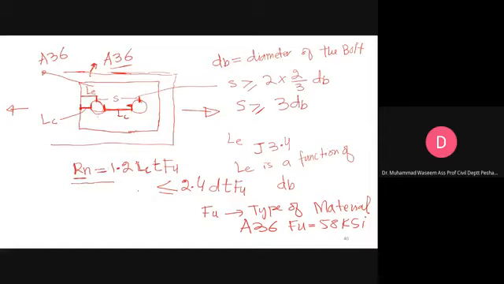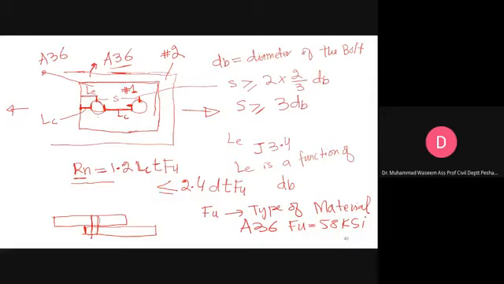You have to carry out all these operations for this plate. Say this is number 1 and this is number 2. Let me draw the lap joint again.